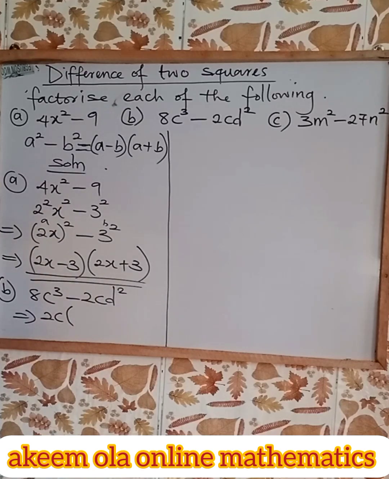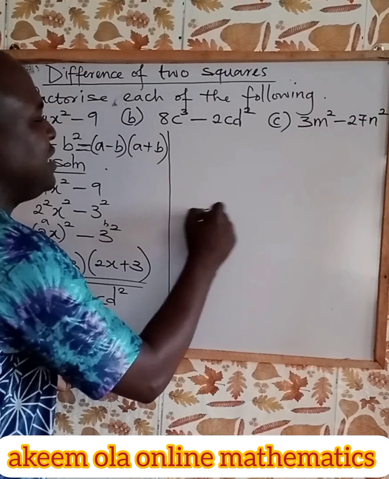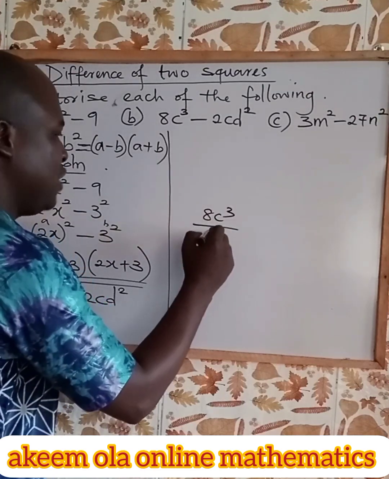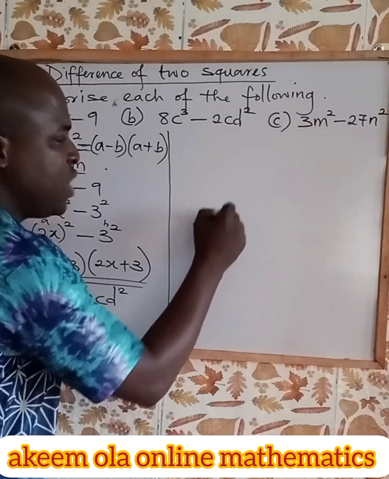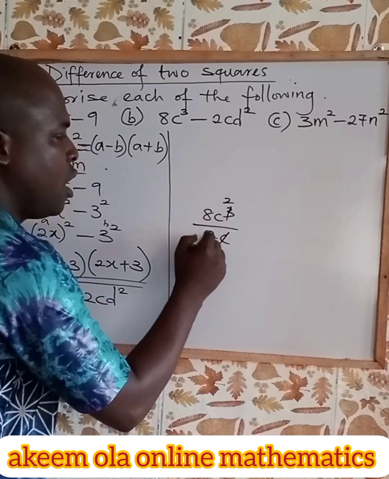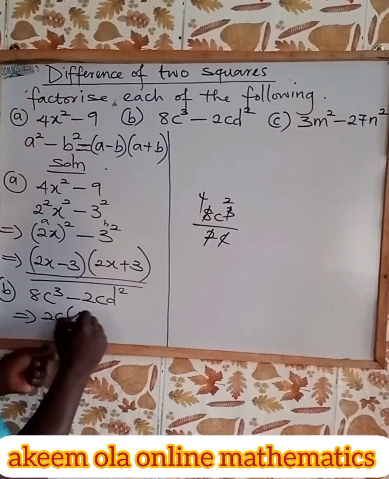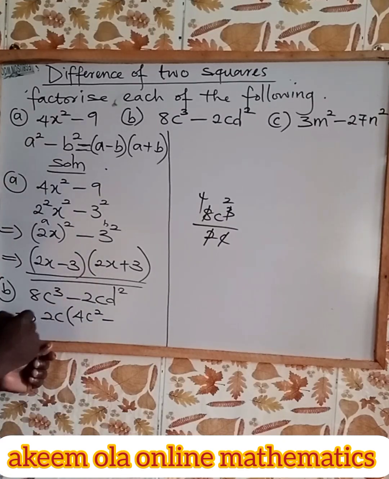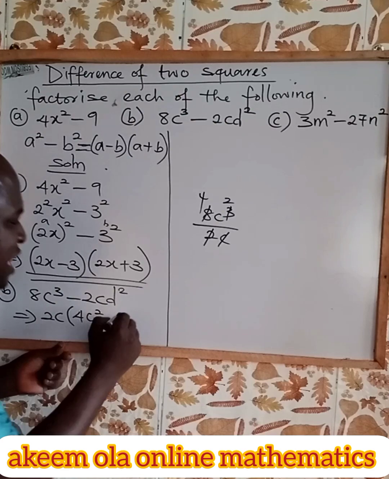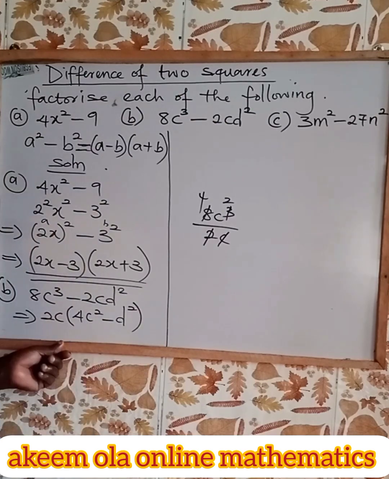Then you can simplify. What is 8c cubed divided by 2c? We cancel one c, and 8 divided by 2 is 4. So we are going to have 4c squared minus, when you divide this, the 2 we cancel, then c we cancel, and we are left with d squared here.